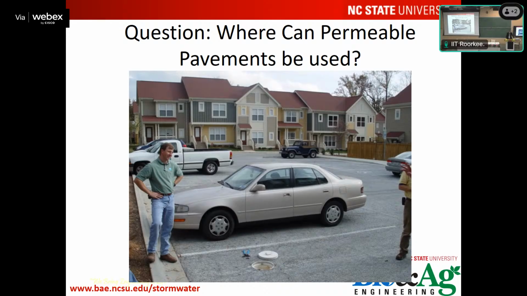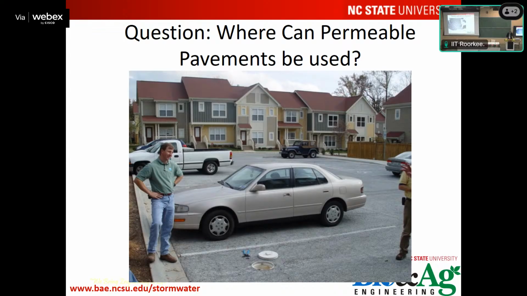So, what are good locations for permeable pavement to be used? Where can you use them? I'm going to show you some examples, mostly from the United States.